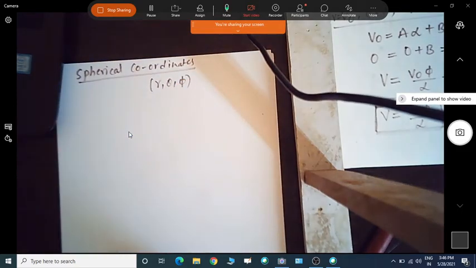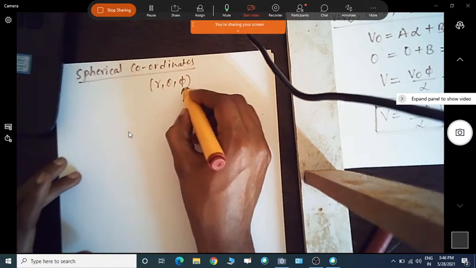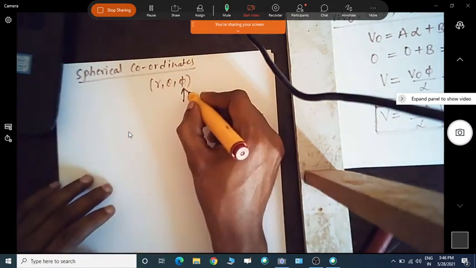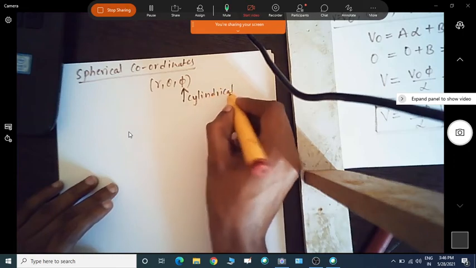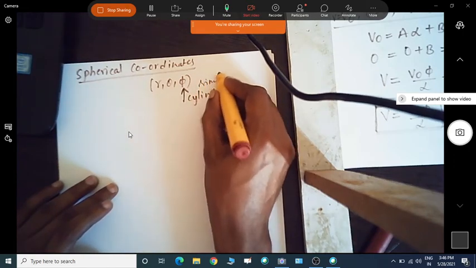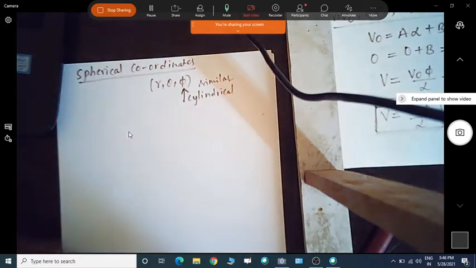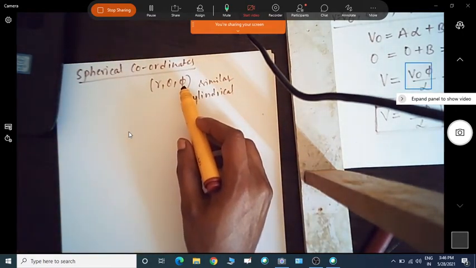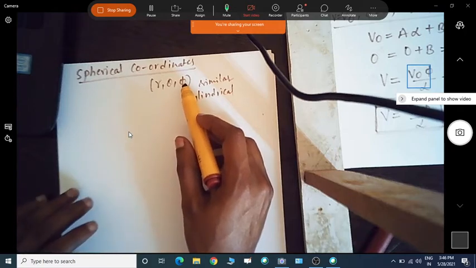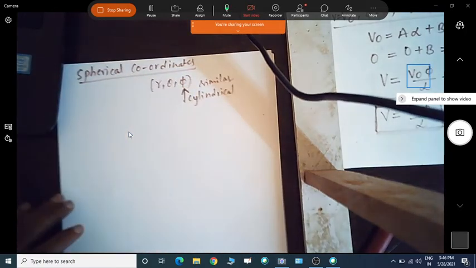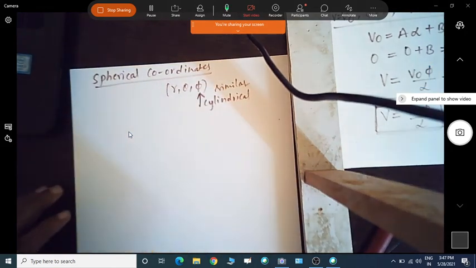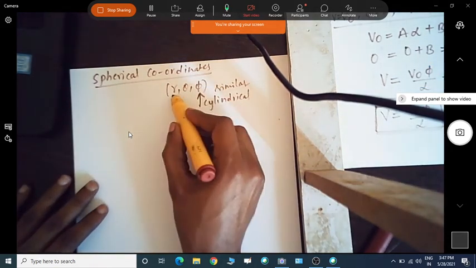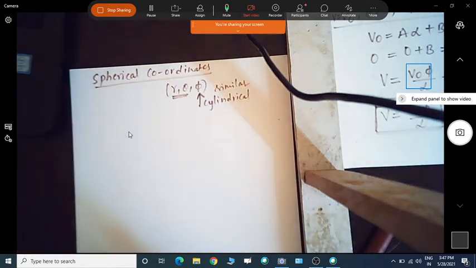So whenever we have phi variation, it is similar to our cylindrical coordinate system, because phi is a variation of 0 to 2 pi in cylindrical, and in spherical also it will be the same. Even we can take that equation with respect to phi and derive. So let us derive for this r and theta.